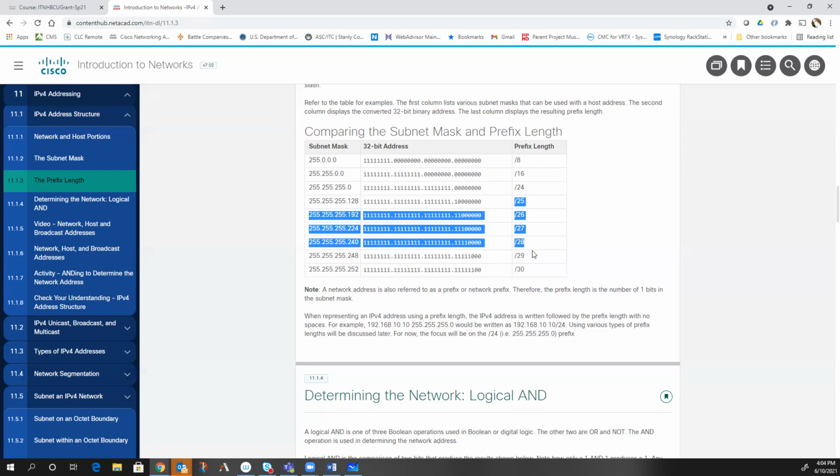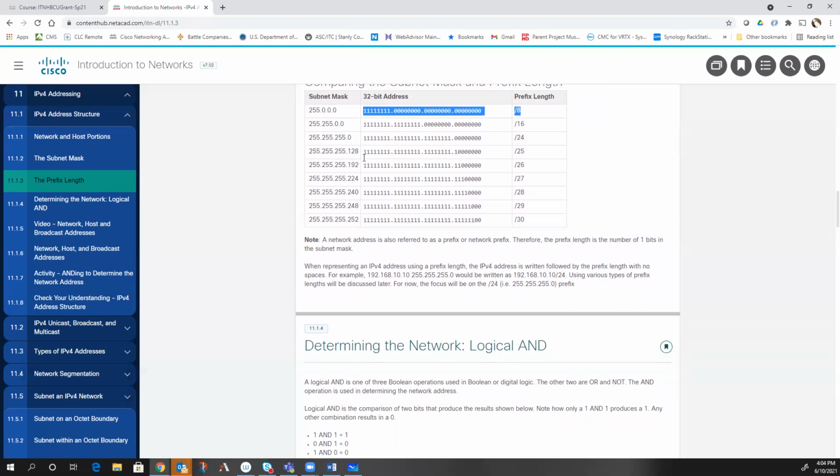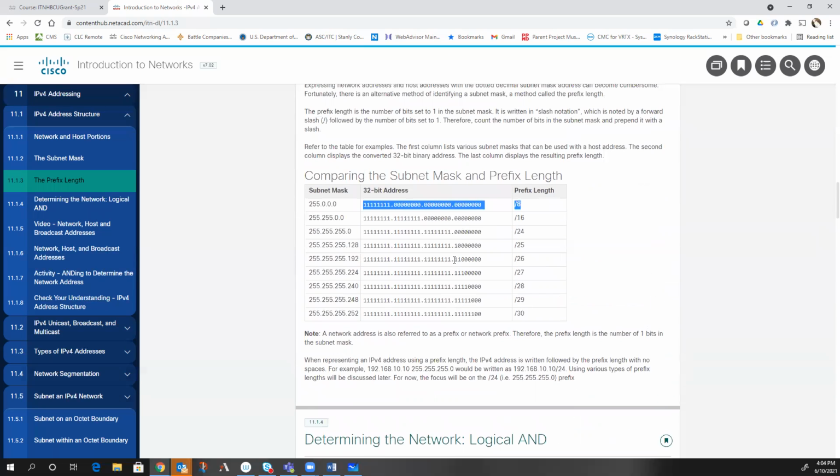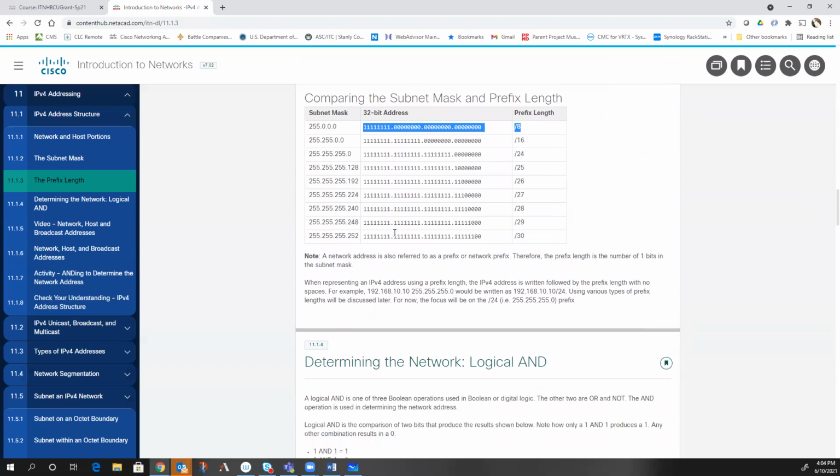And then these are borrowing into the 4th octet. They call it a prefix length because that's the number of ones turned on inside of the subnet mask. And this is where we did our anding too, where we learned about anding. Does that make sense? Does that help?